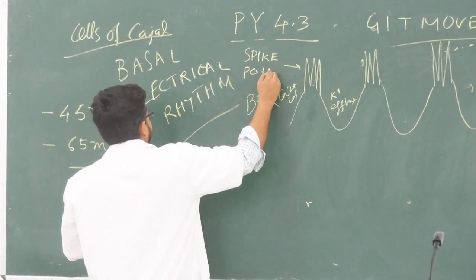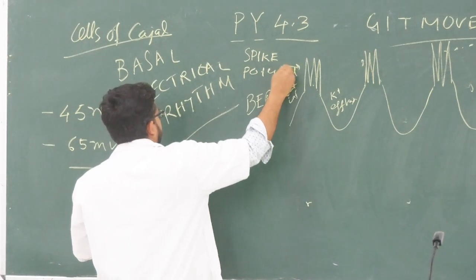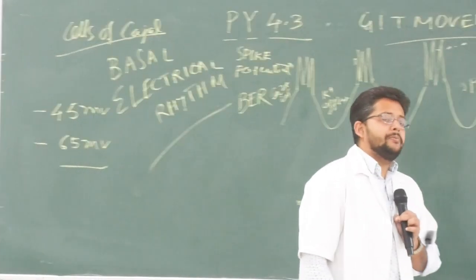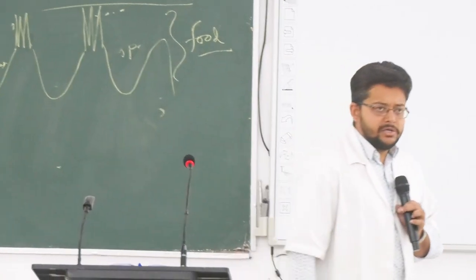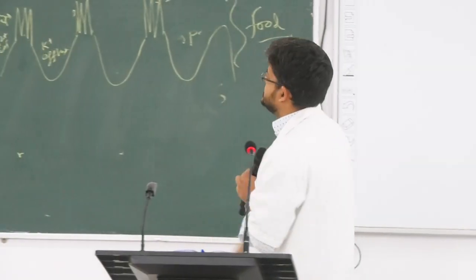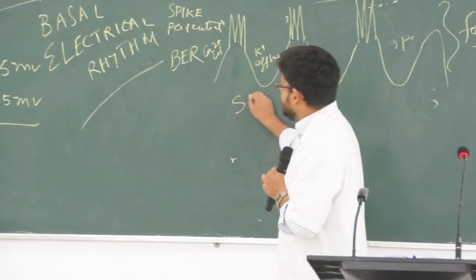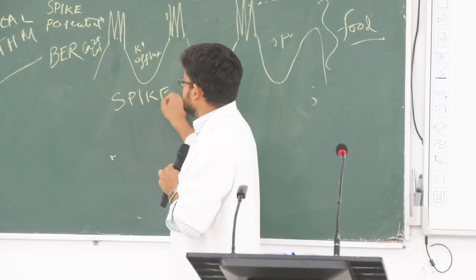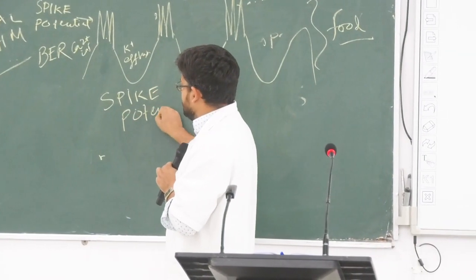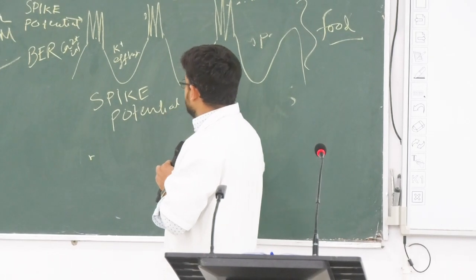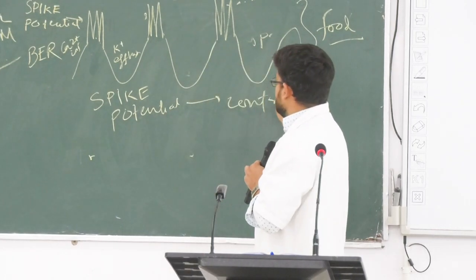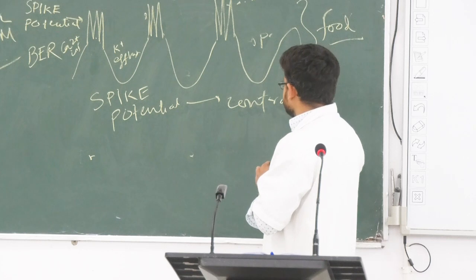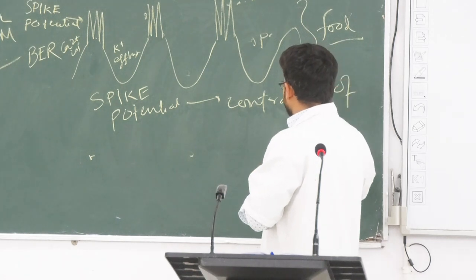Spike potential can happen due to multiple factors, maybe more influx of calcium ion, which may be channelized by neuronal factors or by hormonal factors. So whenever this spike potential is present, it leads to further contraction. So spike potential leads to contraction of muscle.